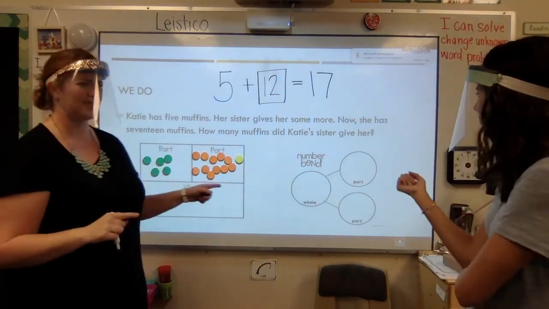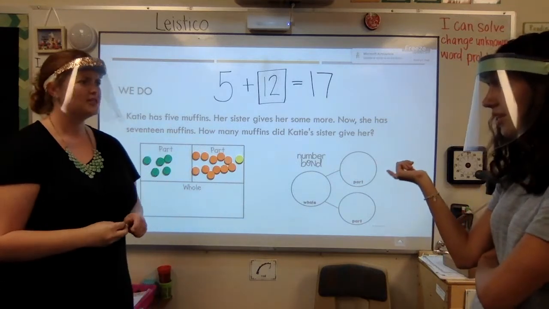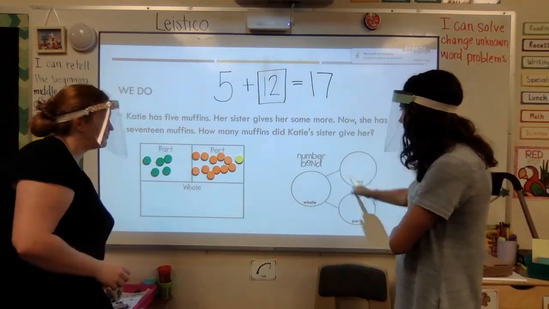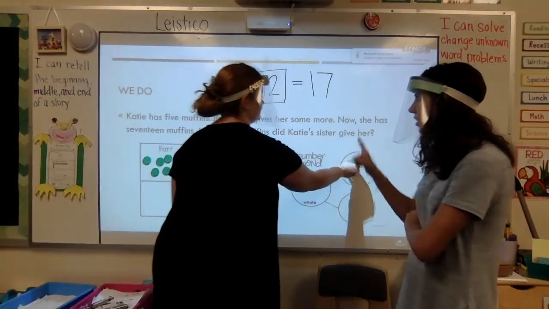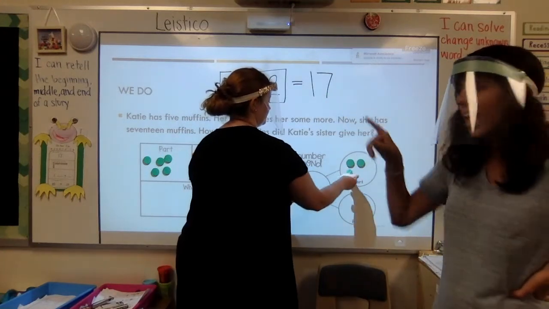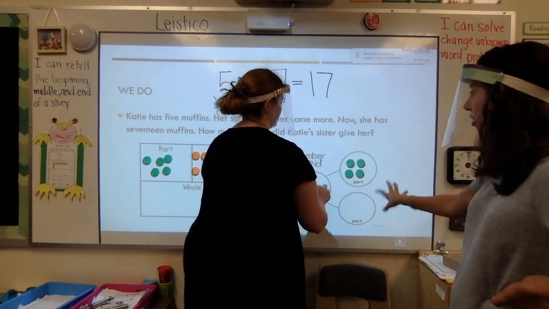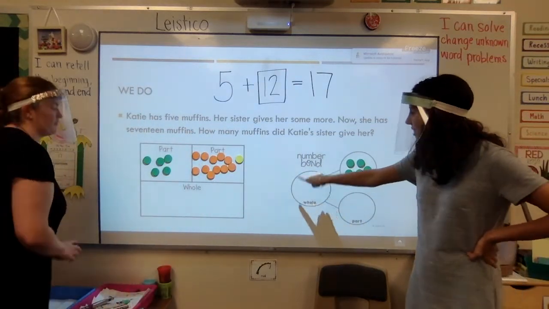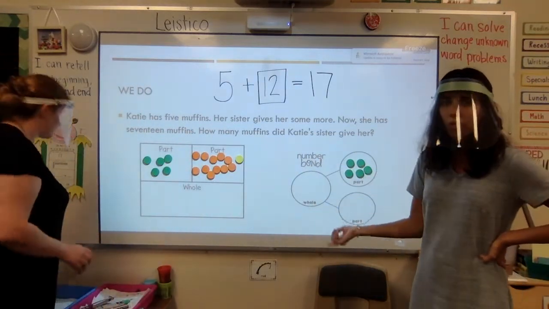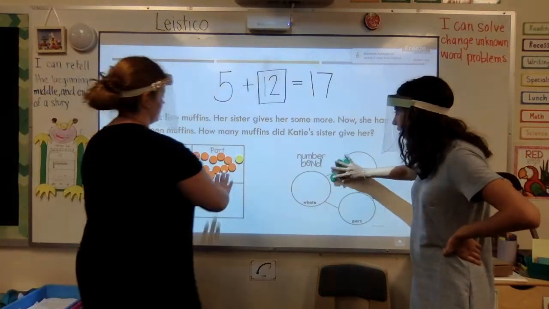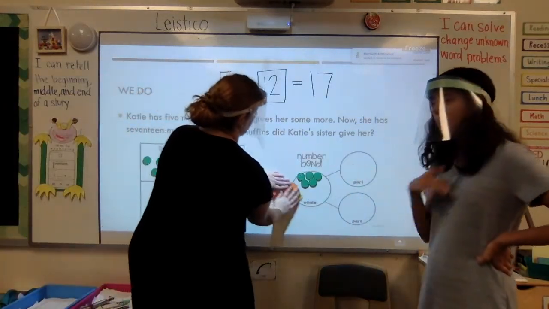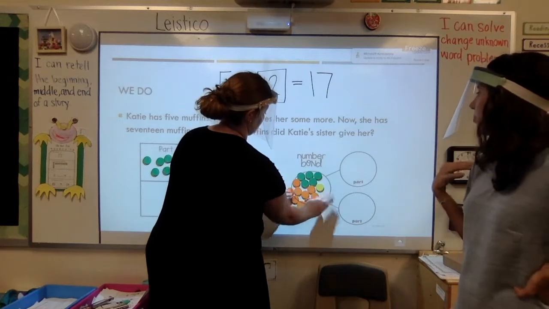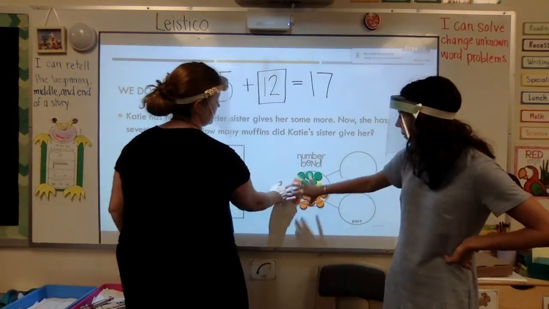I could do the same thing for a number bond, Miss Lestico. We could. We know one of our parts. So one of our parts was 5. And then we were missing our other part. But we know that the lines show us that these 2 parts come together to make the whole. So we would just have to scoot these over. And then just like Miss Lime did in the part whole, the number bond needs the whole amount right here.